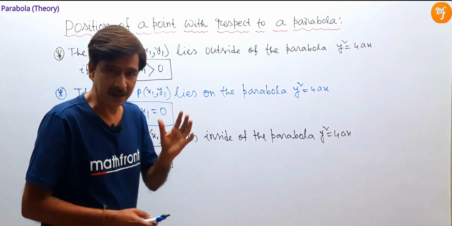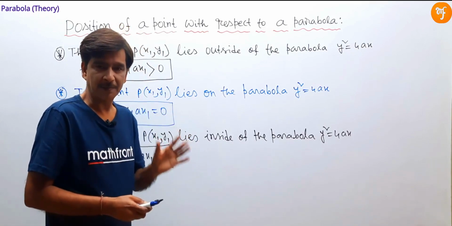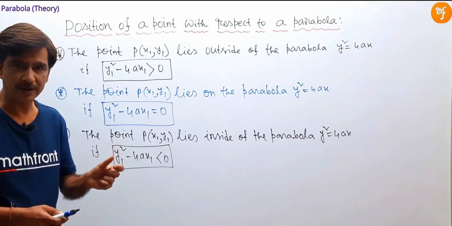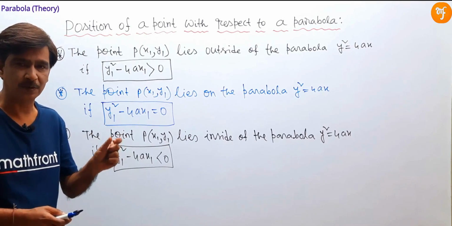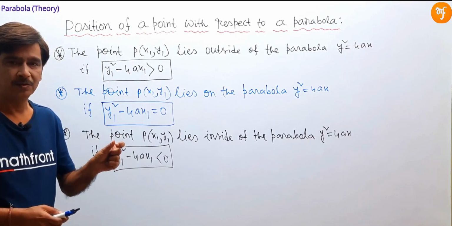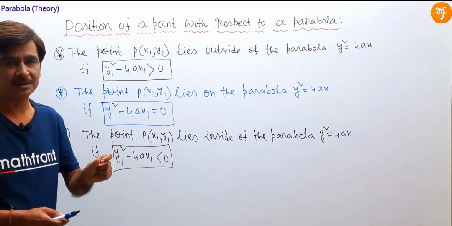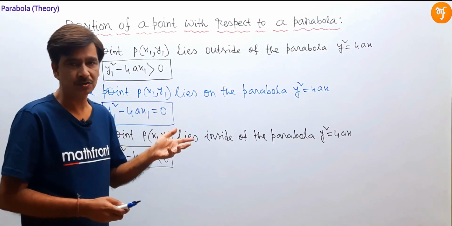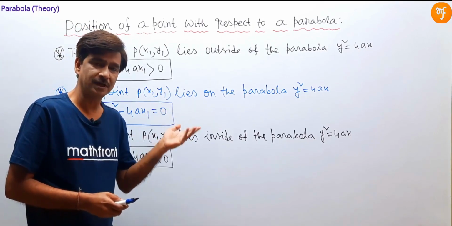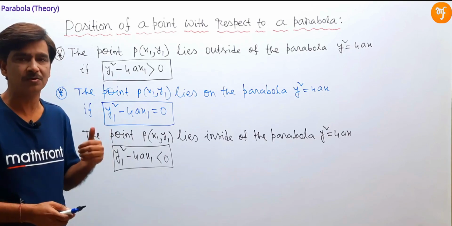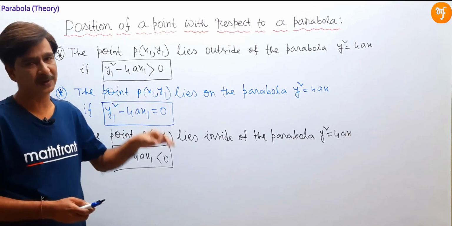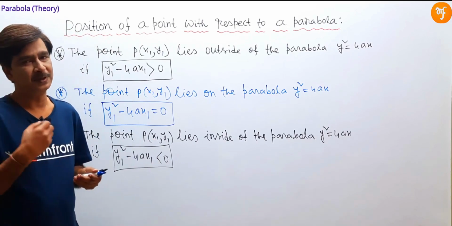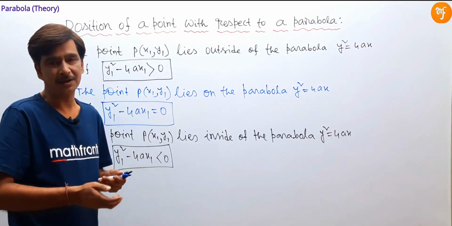Okay, if the curve is S is equal to 0, that is the parabola is S is equal to 0 and x1 comma y1 is any point, then the positions of this point P with respect to this parabola S is equal to 0 is when S1 is greater than 0, then the point P lies outside the parabola. When S1 is equal to 0, then the point P lies on the parabola, and when S1 is less than 0, then the point P lies inside of the parabola.